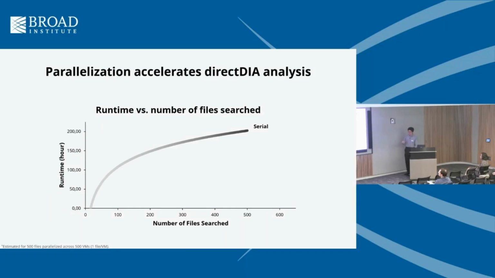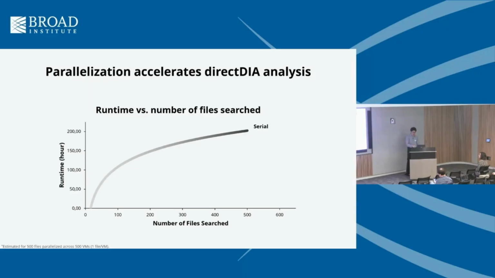Before I get into the benchmarks, I'll show you how much this parallelization improves the runtime and cost, as I mentioned in the overview slide. Here we're looking at runtime as a function of the number of files searched.